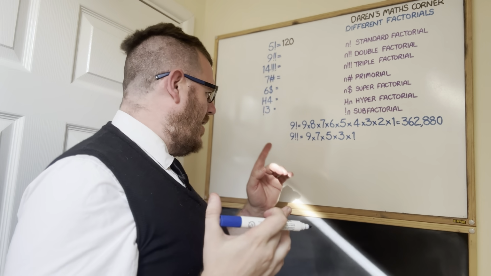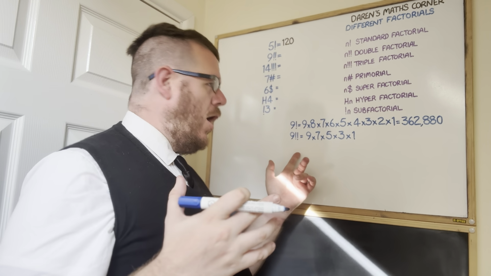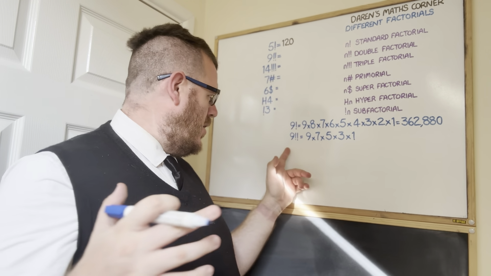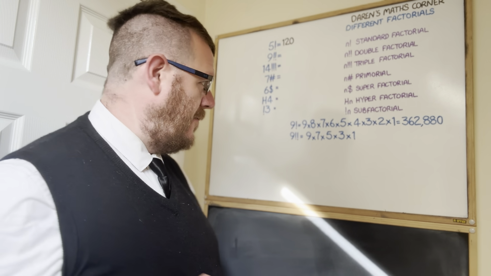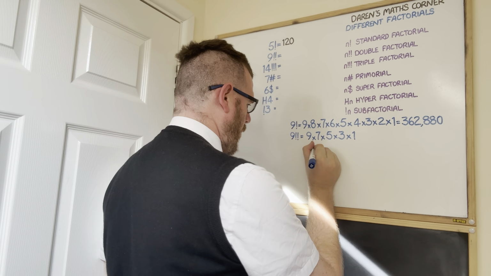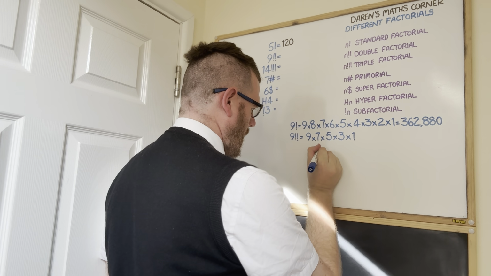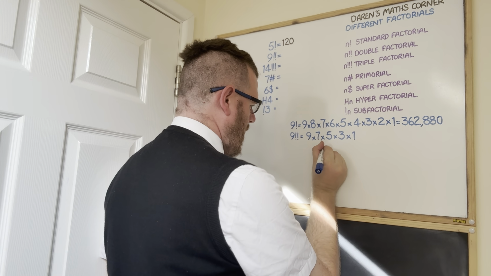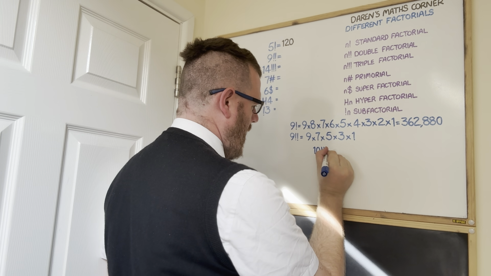Now, interestingly enough, that's an odd double factorial. If you're looking for an even one, say for example a 10 double factorial, you get the following.